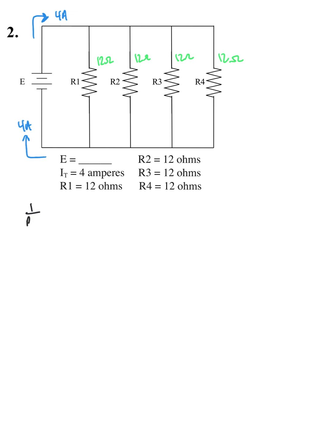So let's go ahead and write that out. And if you already know this, again, you can just skip over it, but I try to go over it for the practice for everyone. So there's our formula for resistance total.